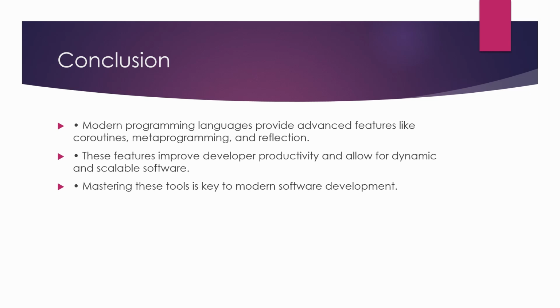Mastering these features will enable you to write more efficient, scalable, and maintainable software. However, it's important to understand when and how to use them to avoid overcomplicating your code.